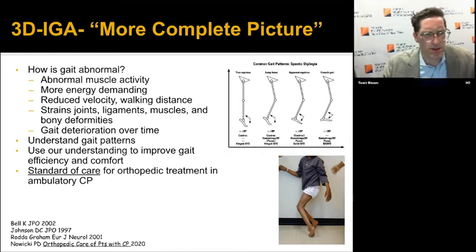We can use gait analysis to monitor the deterioration of gait over time, potentially, and we can classify as well as understand different gait patterns in our patients. We can use this understanding to improve gait efficiency and comfort with our interventions. So as of today, and this was not the case even upwards of 5 to 10 years ago, today the standard of care for the orthopedic treatment in ambulatory CP is gait analysis.